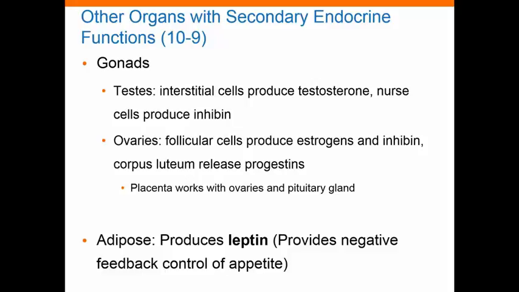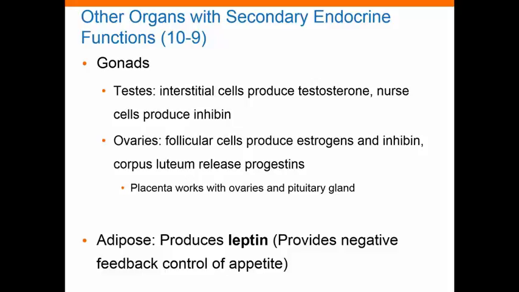Adipose tissue is a type of loose connective tissue that absorbs glucose and lipids from food to synthesize triglycerides for storage. As it does so, it synthesizes a hormone called leptin. Leptin binds to neurons in the hypothalamus involved with emotion and appetite control.